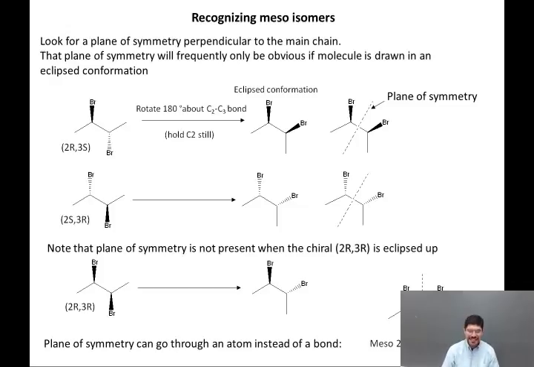And in this case, the plane of symmetry is going through the central carbon atom instead of going through a carbon-carbon bond. And furthermore, in this structure where the 2 stereocenters are separated by a central carbon and the plane of symmetry is going through that central carbon, the plane of symmetry is obvious even in the staggered conformation.